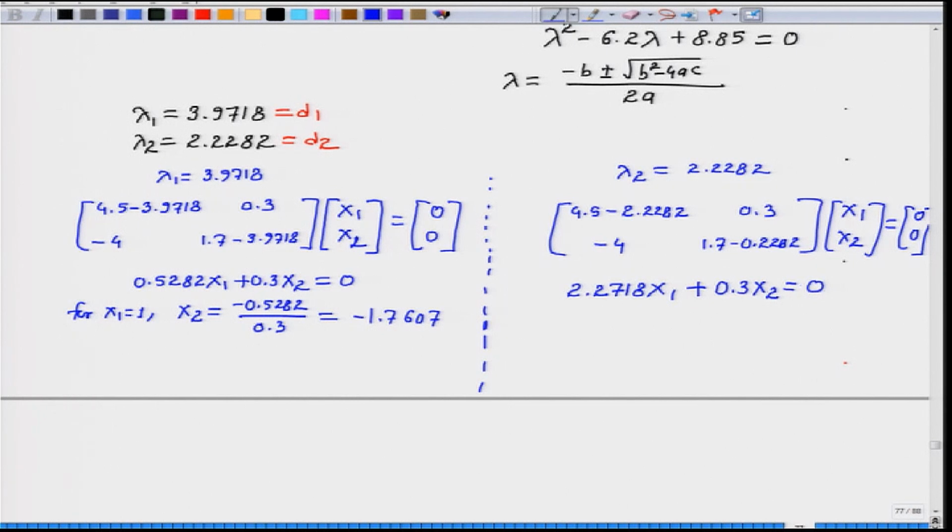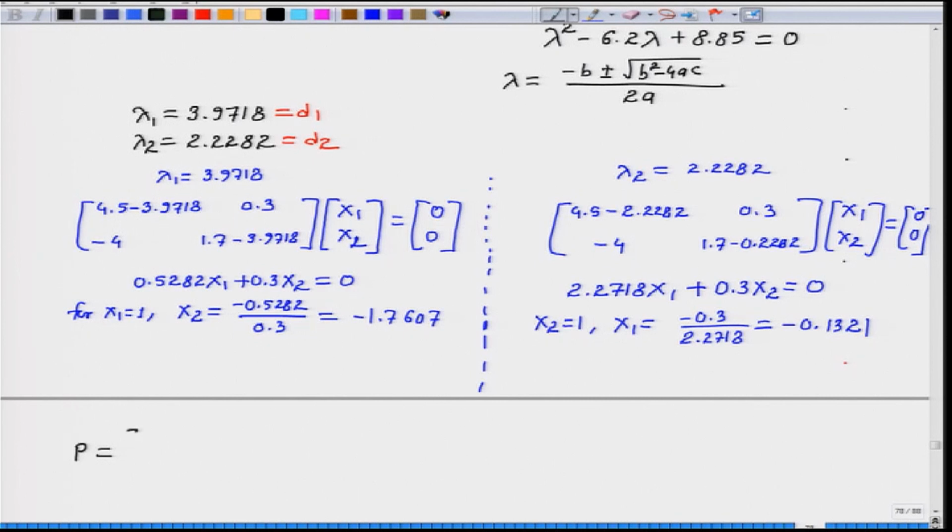For the second eigenvector, we take x2 as 1. So, with x2 equal to 1, x1 should be minus 0.3 divided by 2.2718. So, x1 comes out to be minus 0.1321.